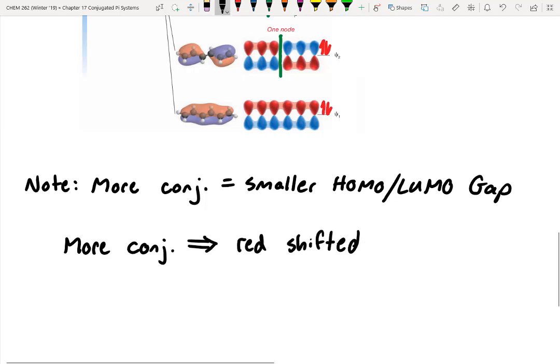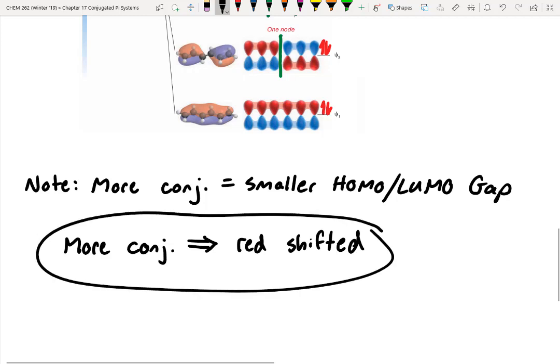So this impacts the colors of molecules a lot. A lot of the compounds that we've been looking at so far this year are colorless because they're not very conjugated. But when you get into highly, highly conjugated systems, for example, beta carotene, then they start to appear colorful to our eyes, at least.